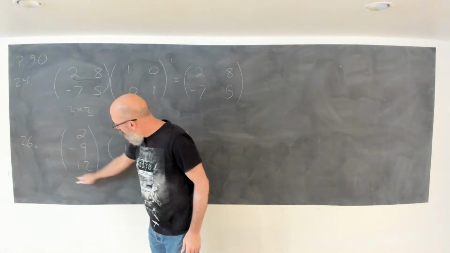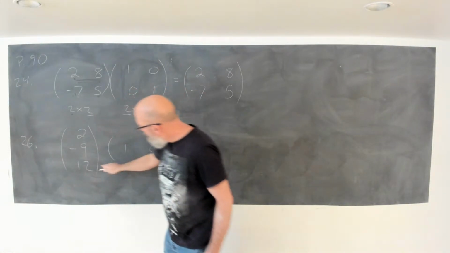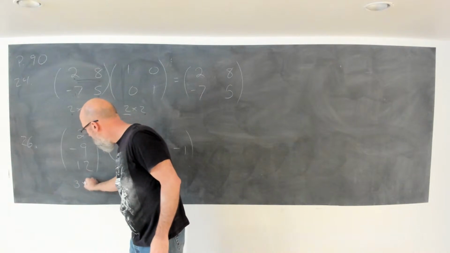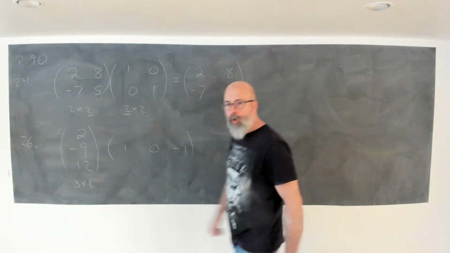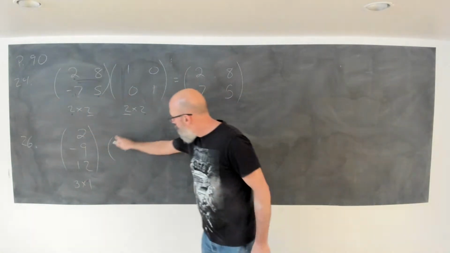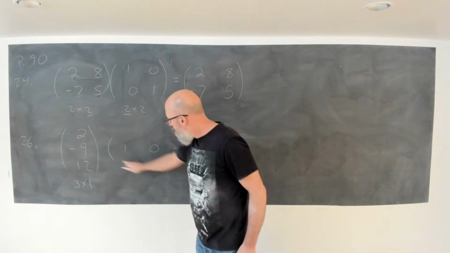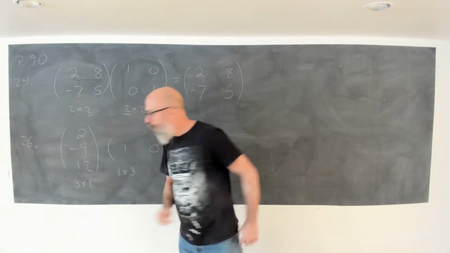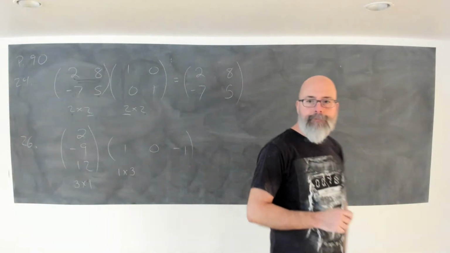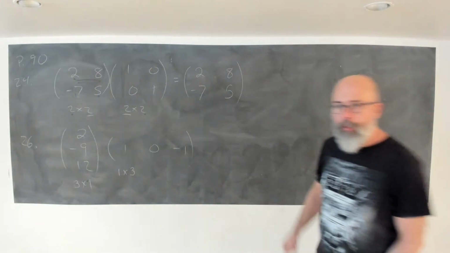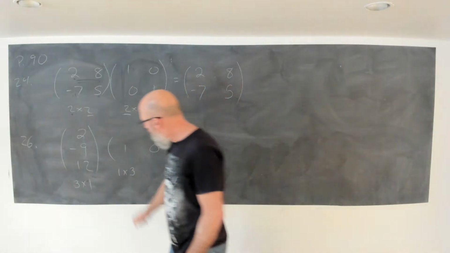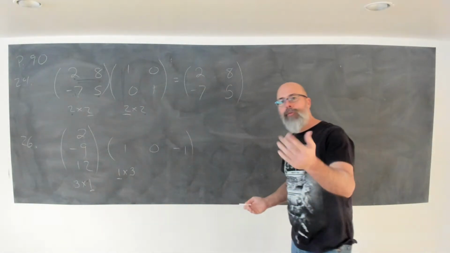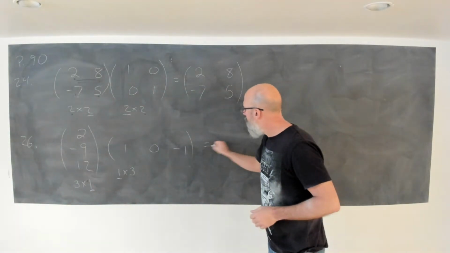what is the size of this matrix? This is a matrix of size 3 by 1. What is the size of this matrix? This is a matrix of size 1 by 3. So multiplication is defined, and as Annie points out, the resulting matrix will be of size 3 by 3.